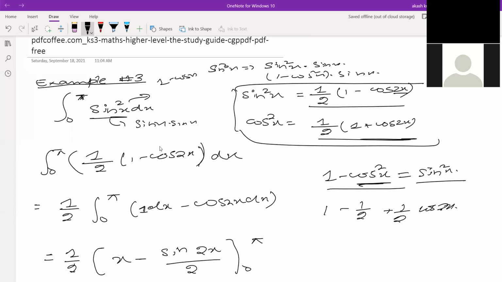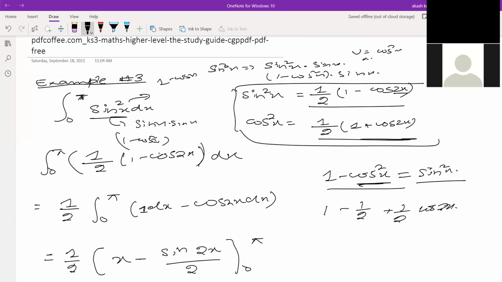Now I can apply u substitution, where u equals cos x, and du becomes sine x. So I have everything in the form of u. But here I have only sine square x. Even if I apply 1 minus cos square x, it's not making my function simpler, it's making it even more difficult. So the better way is to use the identity. Is it clear? Yes. Okay.